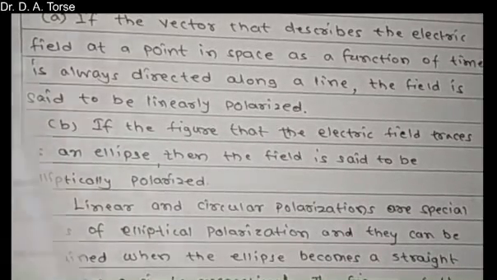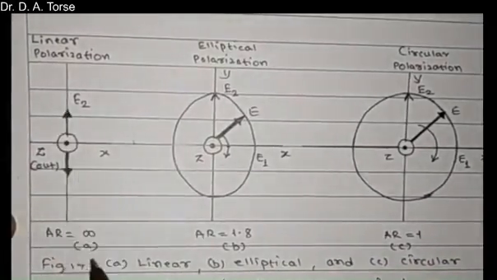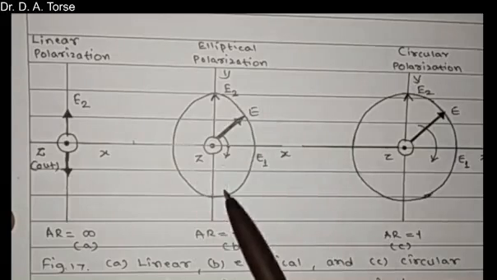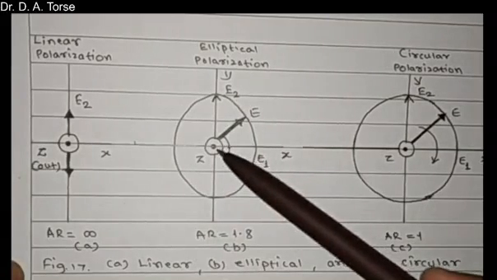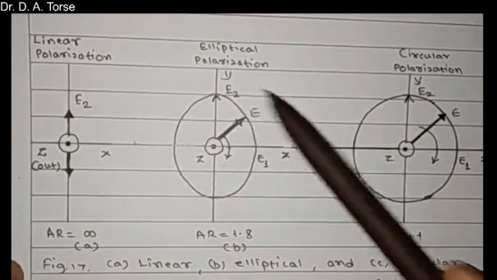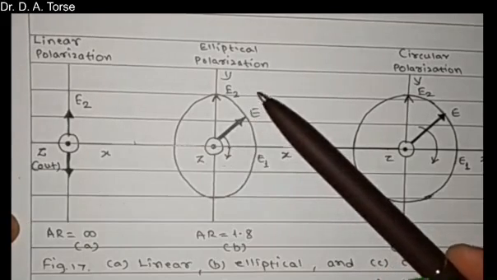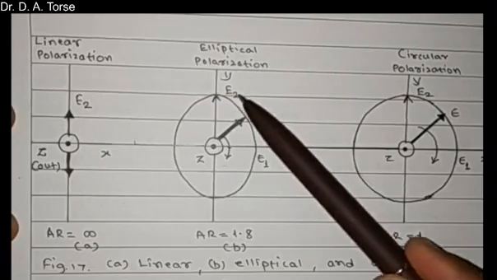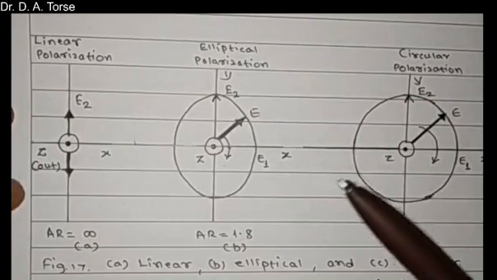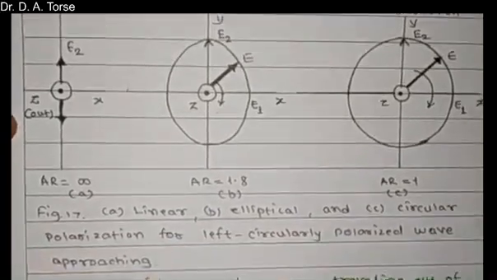Now we see here the diagrams representing three different types of polarizations. In linear polarization, the electric field traces a straight line, whereas in elliptical polarization, the field traveling in the z direction can have two components, in the x direction and the y direction. Thus, if we represent the equation of the Ey component, it is E2, the component in the y direction, sine of omega t minus beta z, where beta z is the electrical length of the line, and beta is the phase constant.